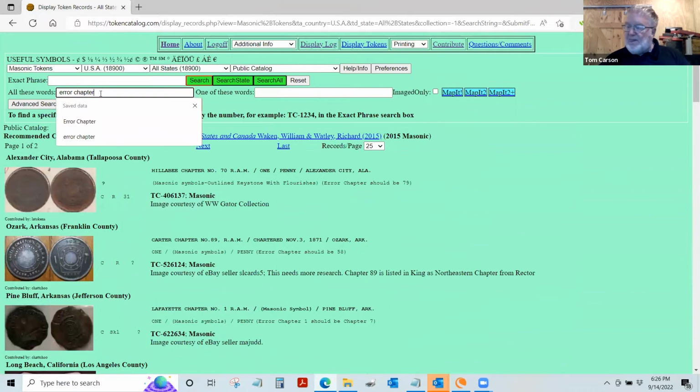Let's go to try something. Let's go to mules. In case you don't know what a mule is, mules are used a lot in paper money. A mule is where the back and front are mismatched. They shouldn't be there.